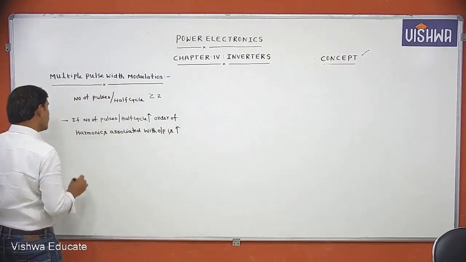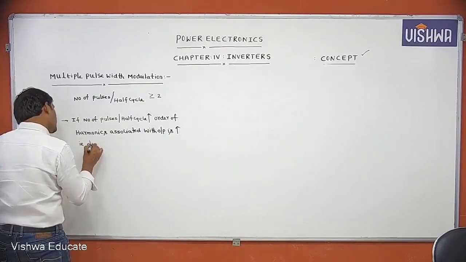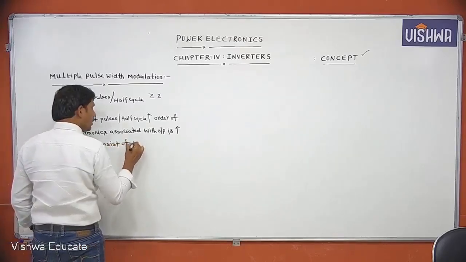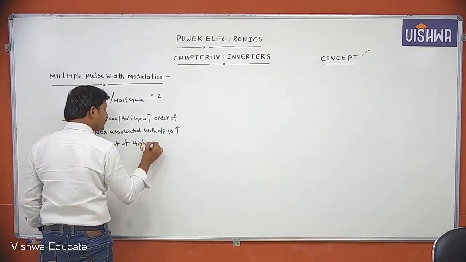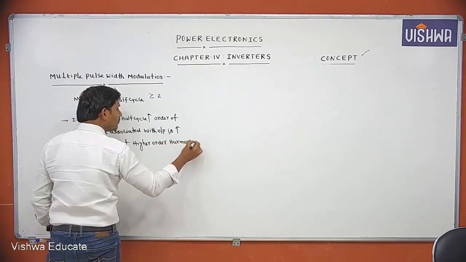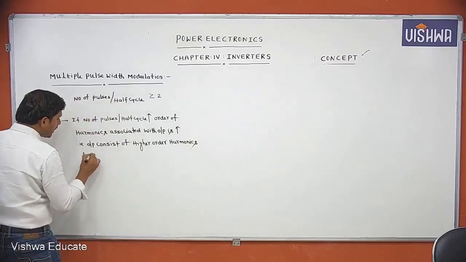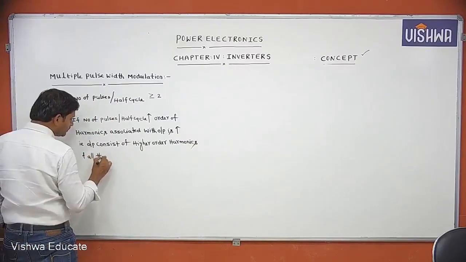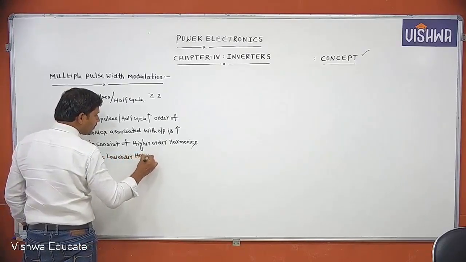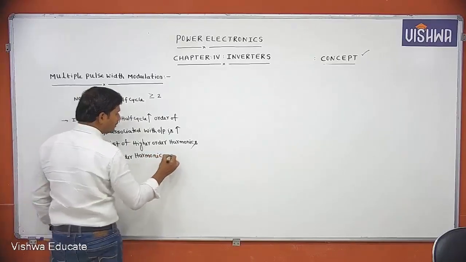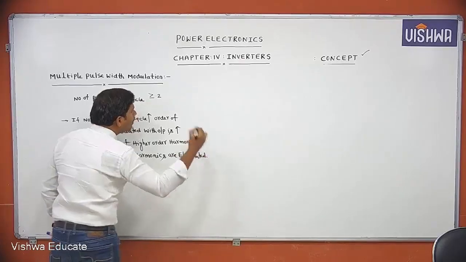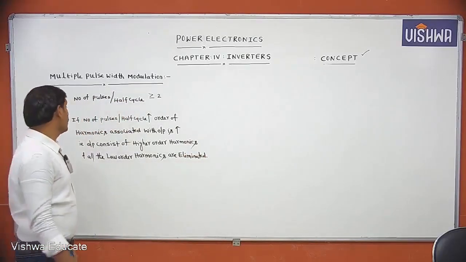That is, the output consists of higher order harmonics, and all the low order harmonics are eliminated. Okay, this point to remember: all the low order harmonics are eliminated.